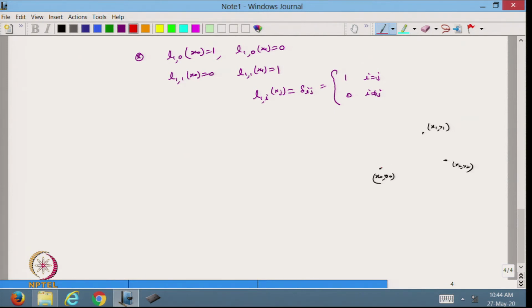In this case, if I want to find the interpolating polynomial, I will define the second order Lagrange interpolating polynomial.